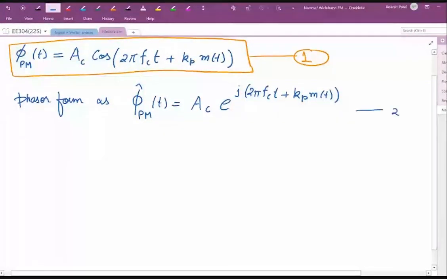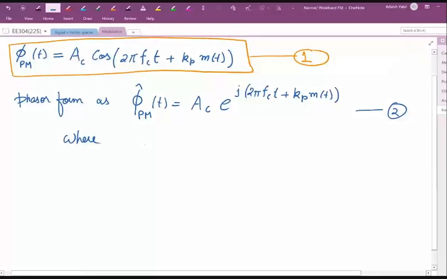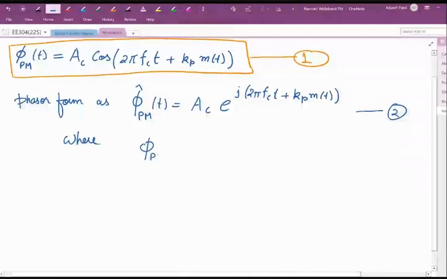Can I write this above equation like this in the phasor form? So in that case, what is the relation between the PM signal and the phasor form of the PM signal? How should I write it?